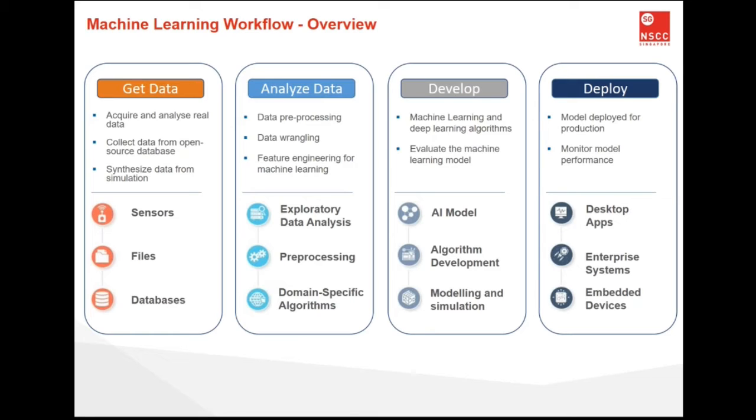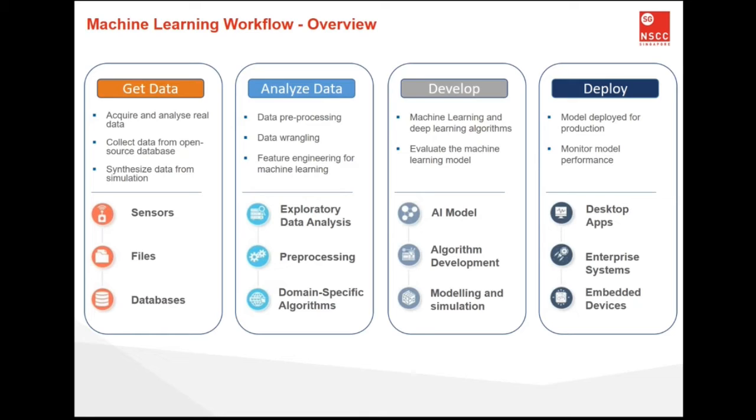In each step, we try to outline some important things that we should do. When we try to get data, we will acquire and analyze real-world data. We can collect data from open source databases, and we can even use synthesized data from simulation.